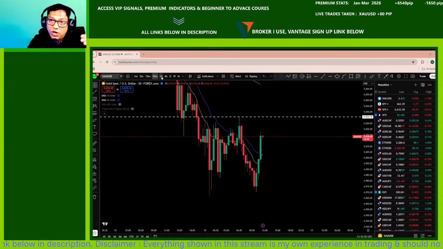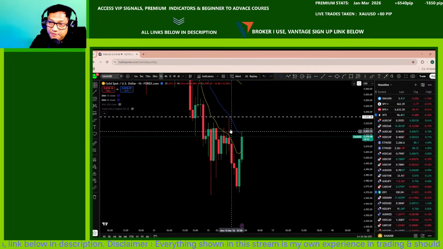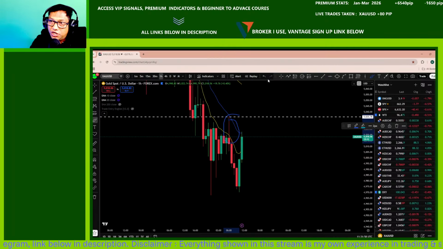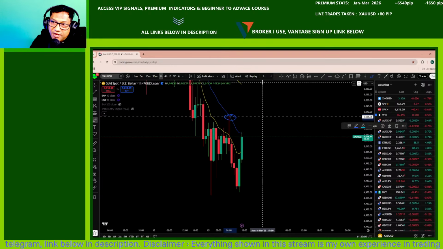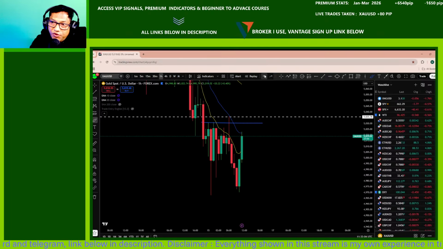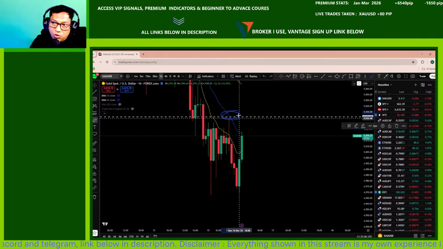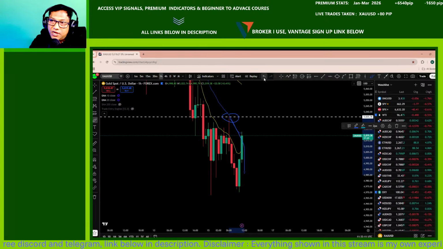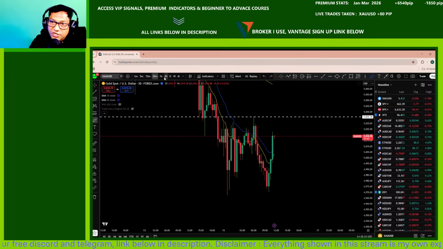If you look at this 1 hour market structure again, we see there was a large pin bar or hammer formation in that zone here. The market grabbed liquidity of that zone a few times, and then reversed from that level and continued in the direction of the trend.